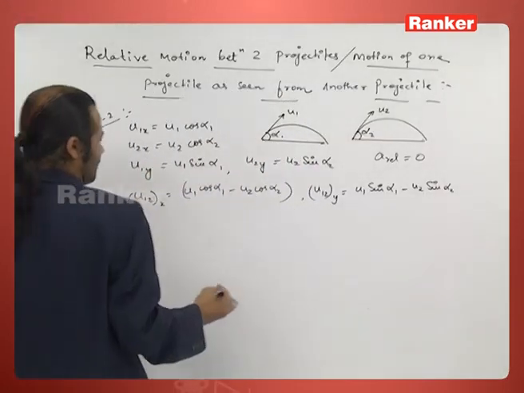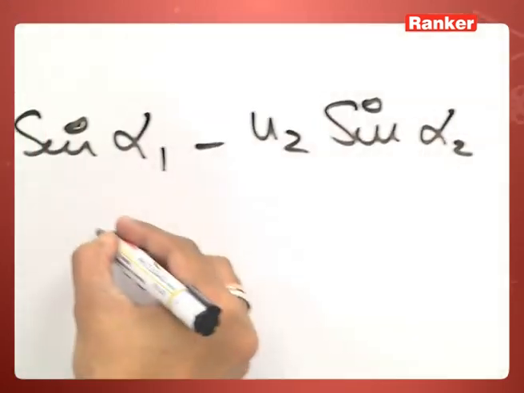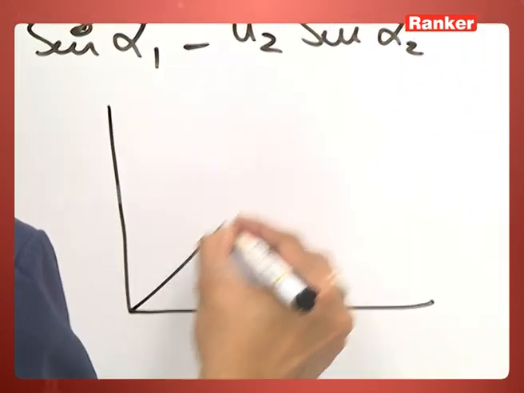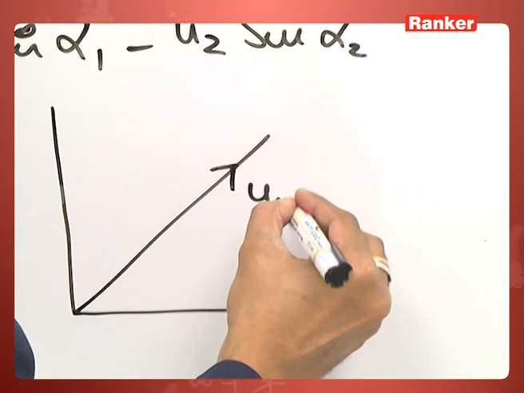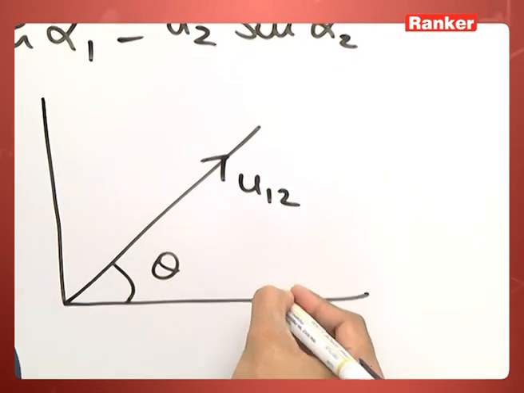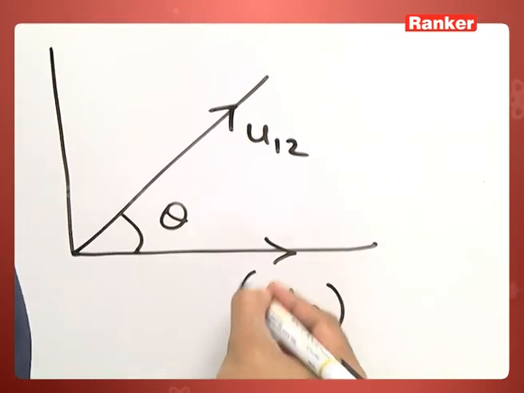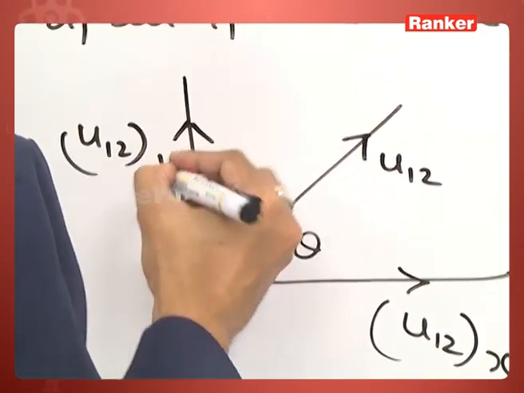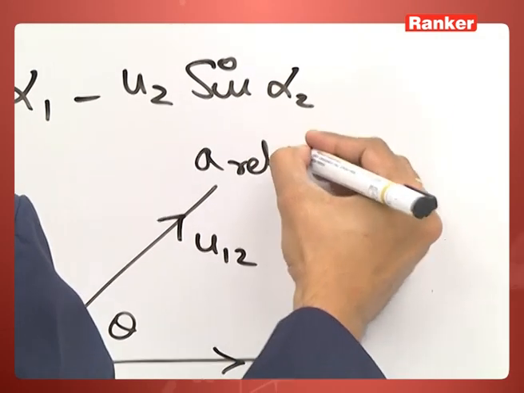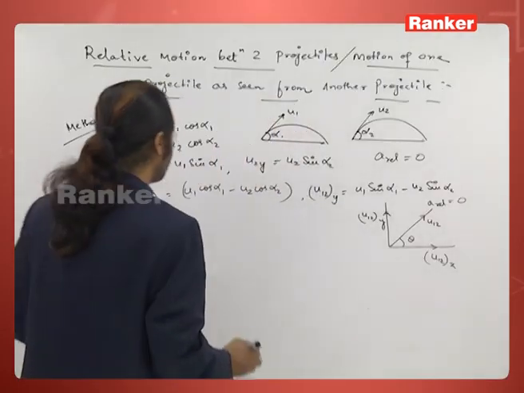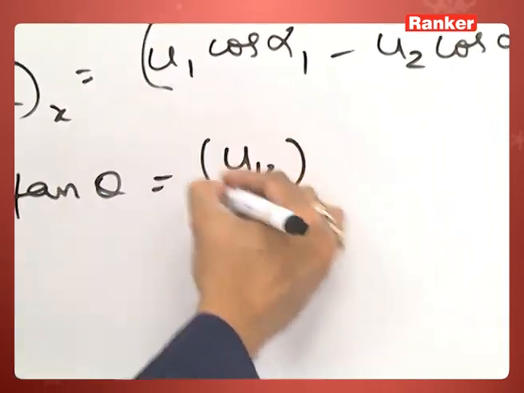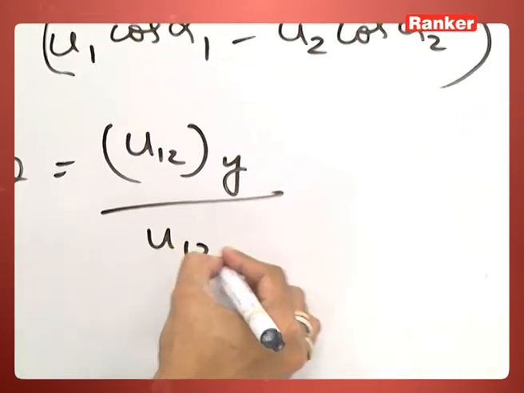So the system will be something like this. This is u12, let this angle be theta. So this is u12x, so this is u12y, and a relative is 0. So tan theta is u12y by u12x.